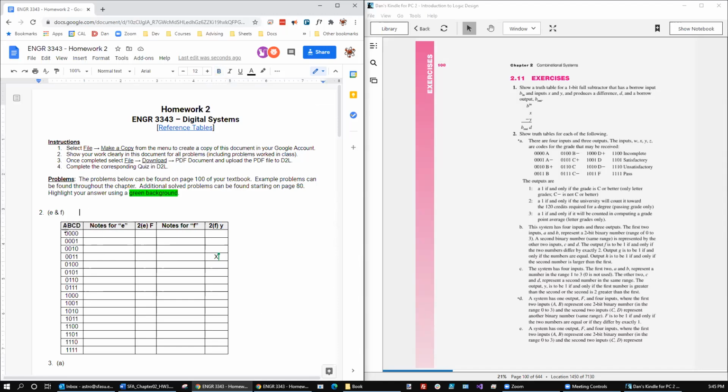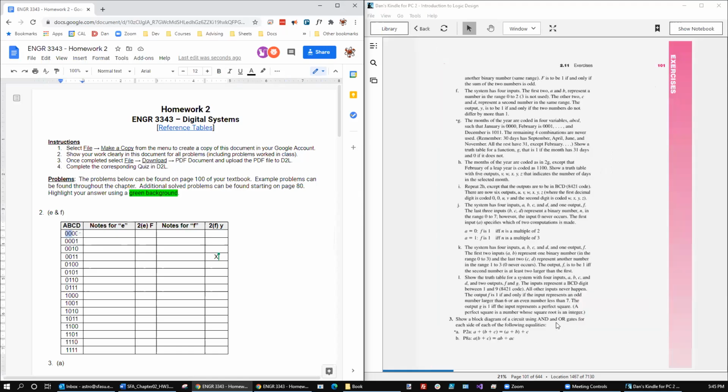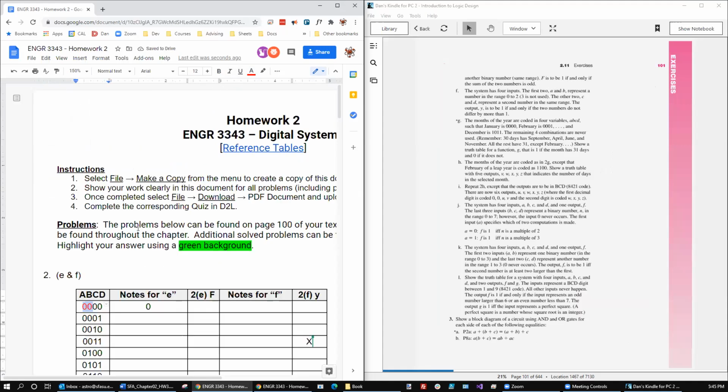And so A and B represents one number, and then C and D represents another number. The output F is to be 1 if and only if the sum of the 2 numbers is odd. So in the notes, I'm just going to say that my first number for that 0, 0 right there, I'll color code it like that. Maybe zoom into 150 to give you all a better view.